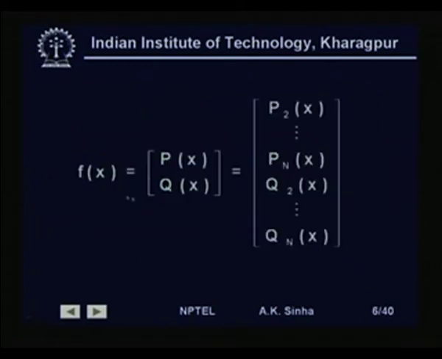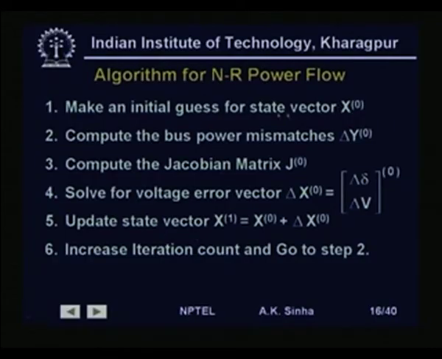This can be written as f(x) equals P(x), Q(x), in terms of P2 as a function of x up to Pn, and Q2 as a function of x up to Qn. Using these we have made the initial guess for the state vector.